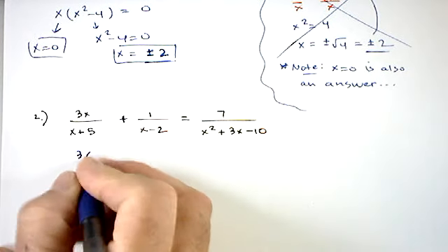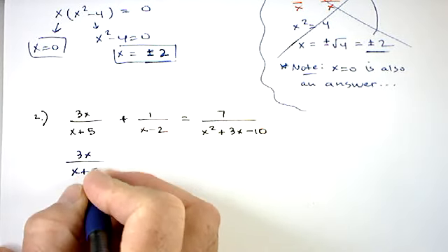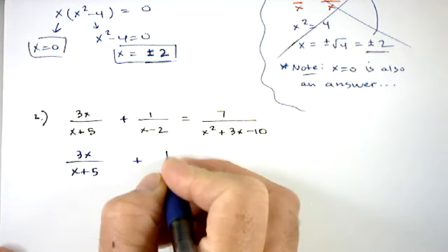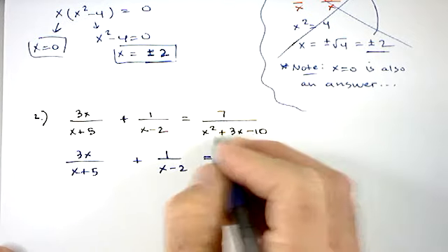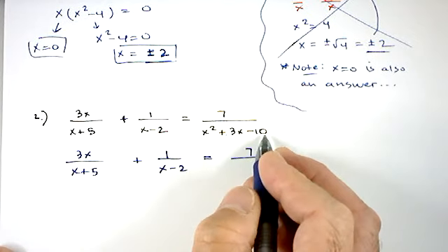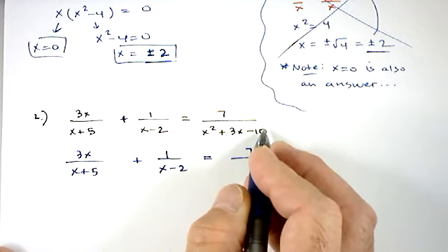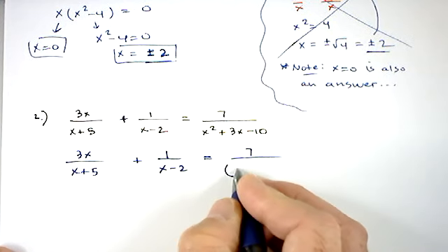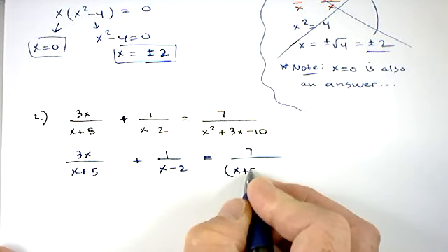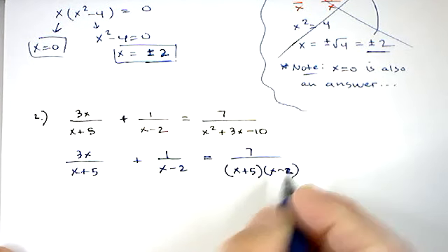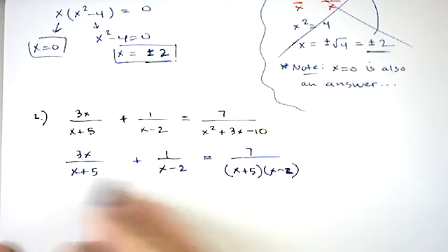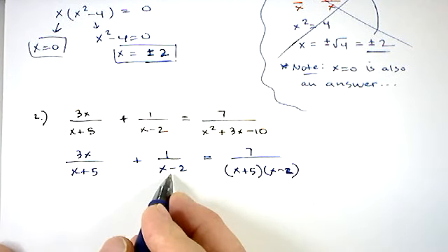So we have 3x over x plus 5 plus 1 over x minus 2 equals 7 over x squared plus 3x minus 10. Factors of negative 10 that add to 3 would be x plus 5, x minus 2. Coincidentally, also the same two denominators I have over here.